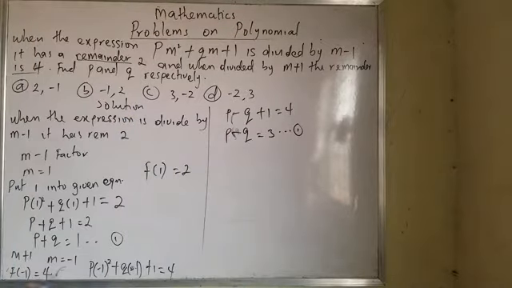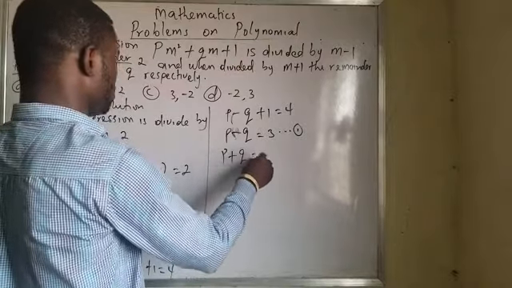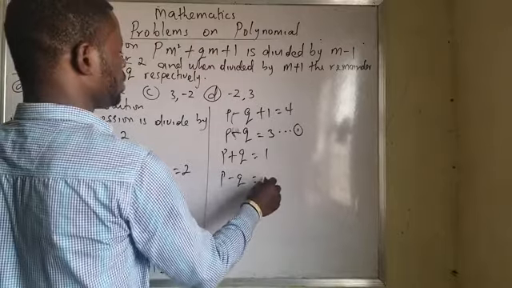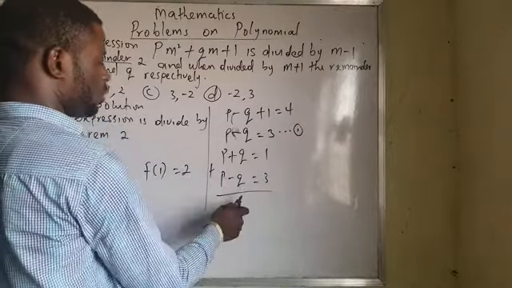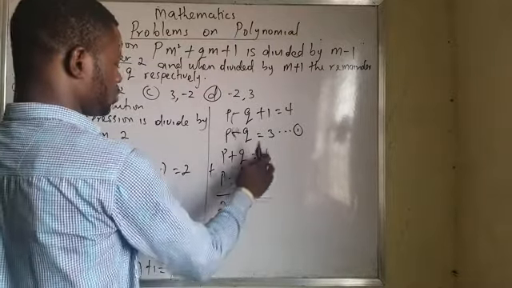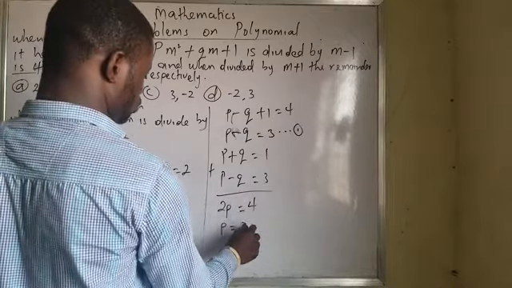Now, I can solve this: p plus q equals 1, p minus q equals 3. I want to eliminate q, so I will add, which gives 2p equals 4, p equals 2.